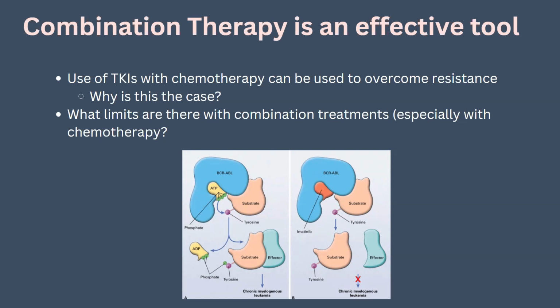But this doesn't work for every case, and there are certain limitations that we have to deal with. So what do we think are some of these limits that we have to be worried about for this combination therapy? Dasha? Just a clarifying question, is chemo the one that targets all proliferating cells?